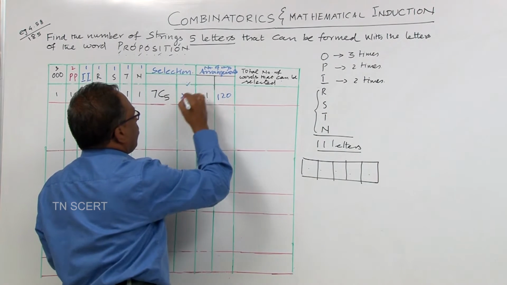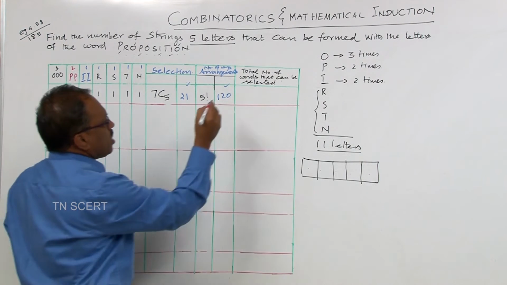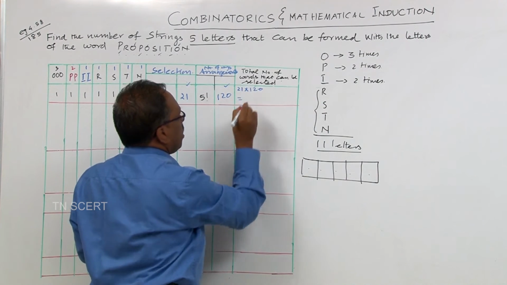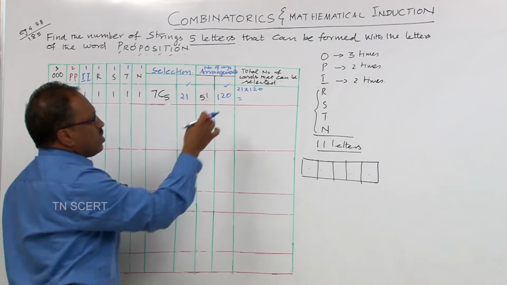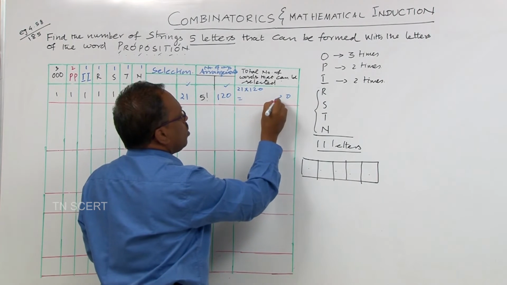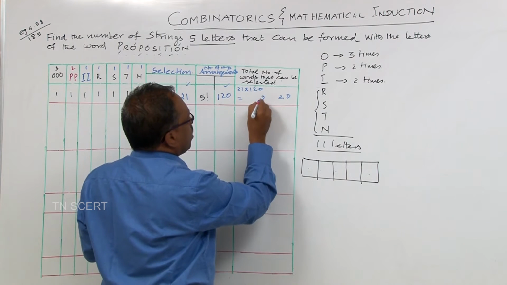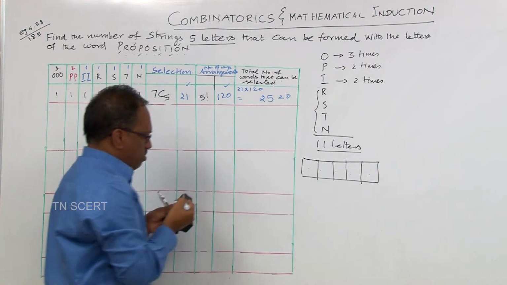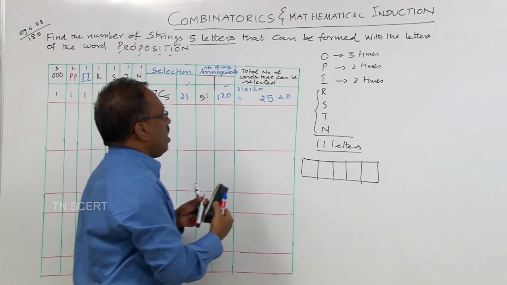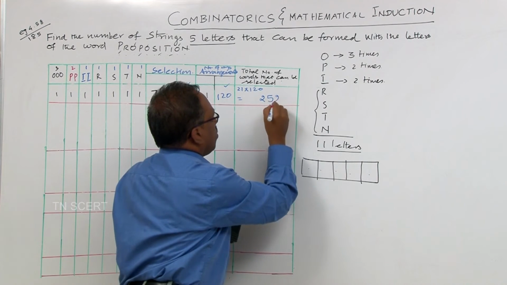It is 21 for this, and for this it is 120. So 21 into 120, you have to multiply this: 0, 12 1s are 2, 12 2s are 24 plus 1, 25, 2520. So this is the possible number of ways.